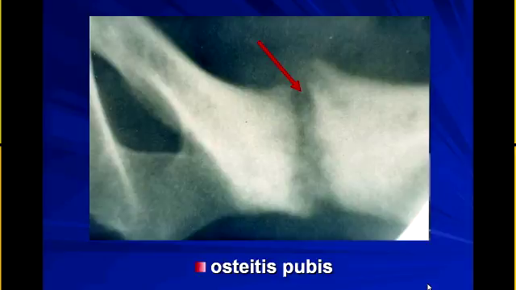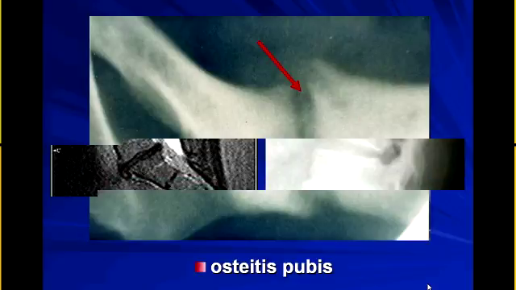So it's thought to be due to abnormal movement there, where you actually get change in the articular surface. So again, this is showing the excessive movement available at this level. But osteitis pubis is more of a diagnosis by default. When they can't come up with any other cause, it's often incorrectly given the term osteitis pubis.